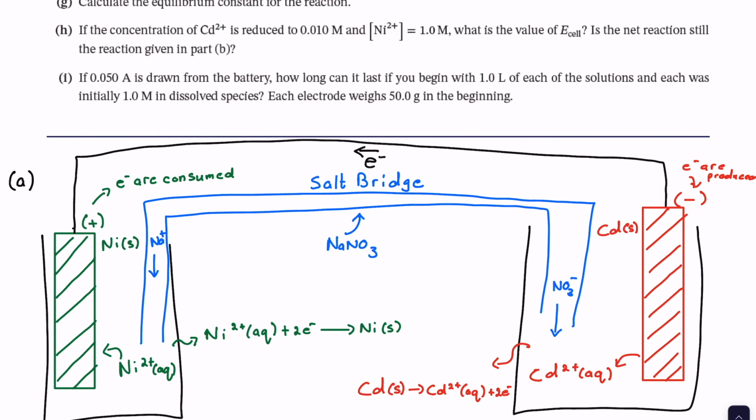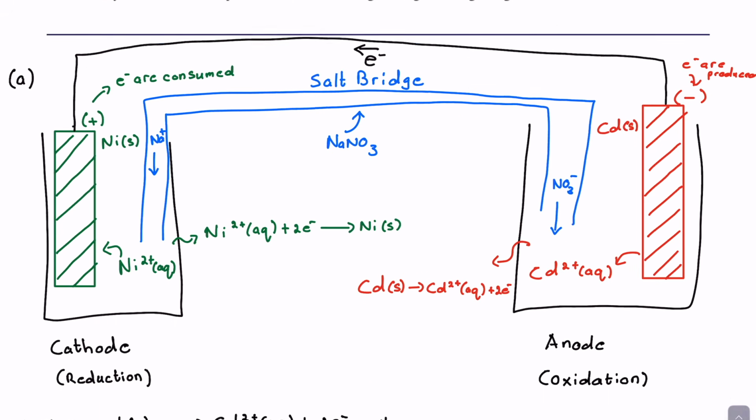So what we're told is that you have 1 liter of a 1 molar solution of nickel, and you have 50 gram of cadmium.